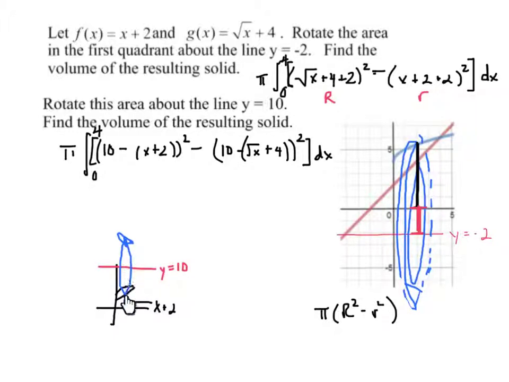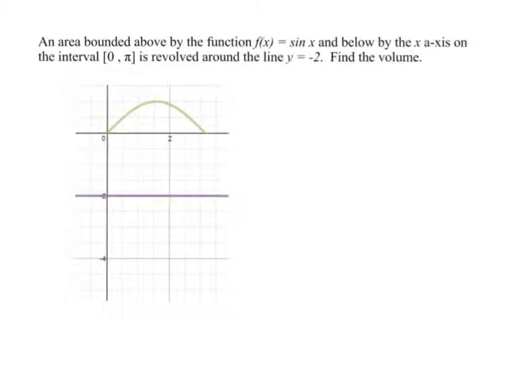I know that this entire distance is 10, so just down to the function is 10 minus the function. So that's how I get the radius. And notice they had to be reversed because what used to be the bottom function actually sets the outer shape of my volume. So that's actually the larger circle.